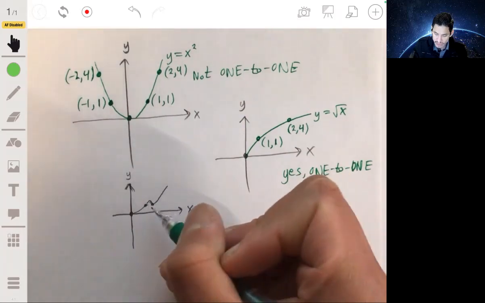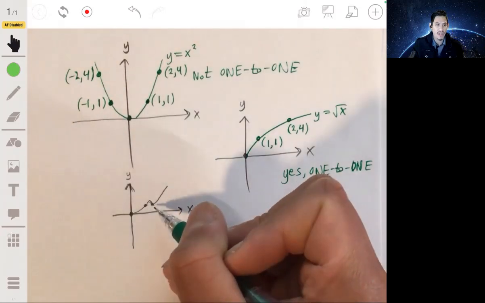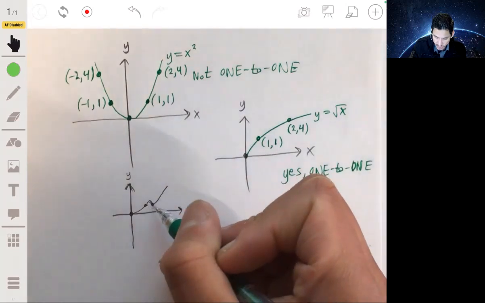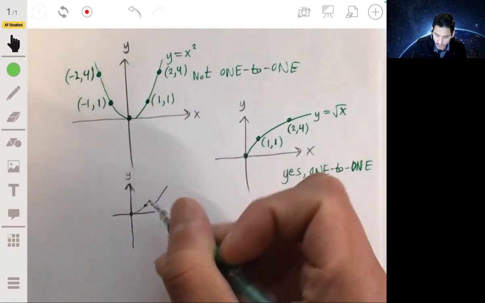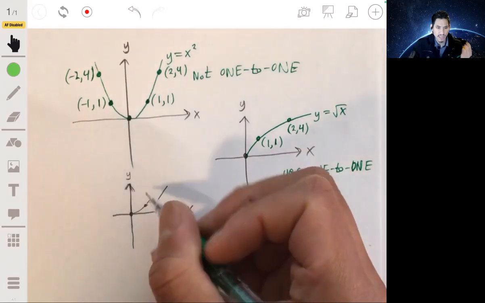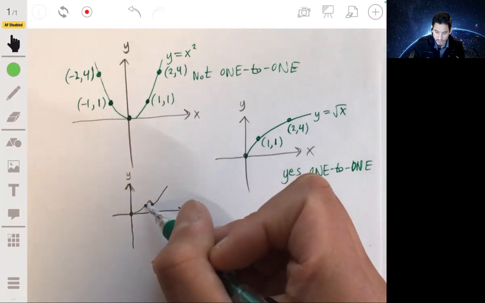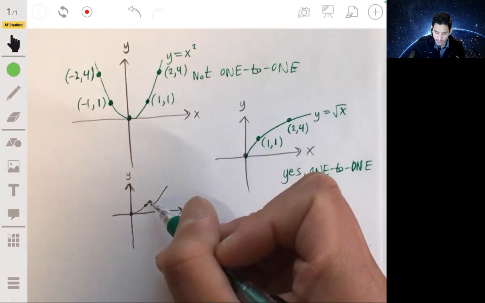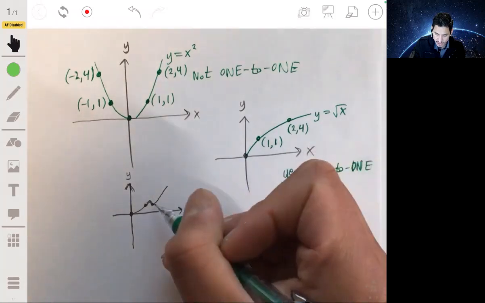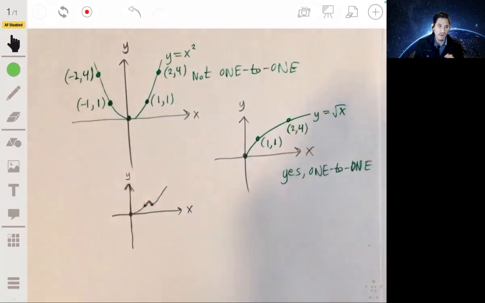So even though this is a function of x, this wouldn't be 1-to-1, because you have two points at the same y value from two different x values. You can think logically: it's not always increasing, because to get back to that y value, it has to go in the opposite direction. It has to go down. So this is not 1-to-1, and it's not strictly monotonic.